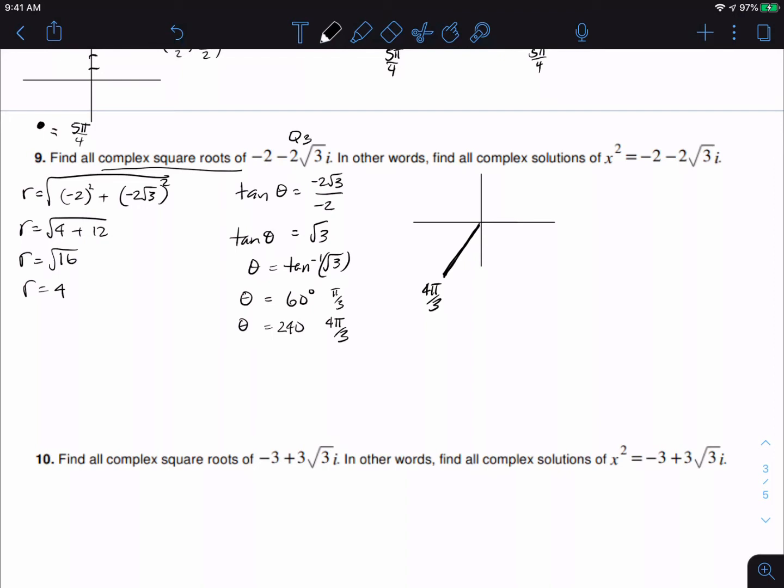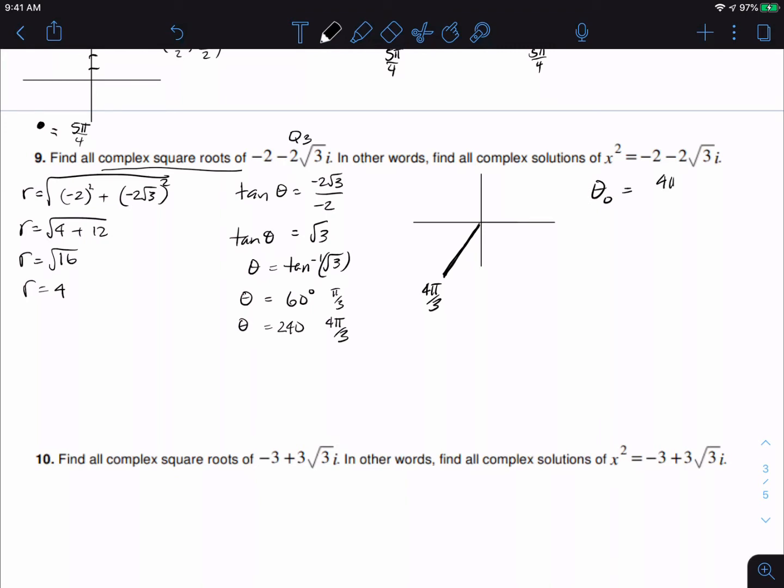Okay, so then from here, once I have that, I can go and get my solutions. The n is 2, right? So to get my theta naught, my n is 2.